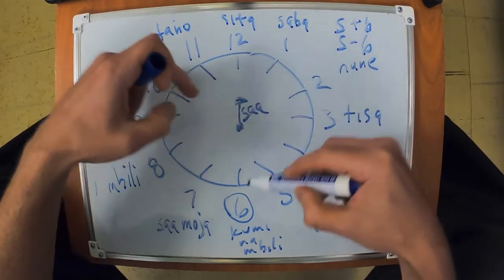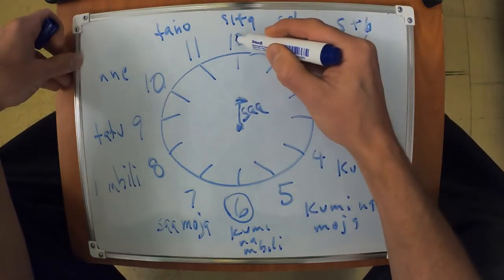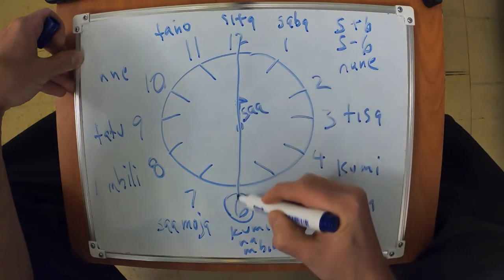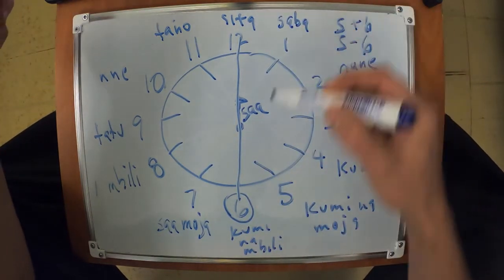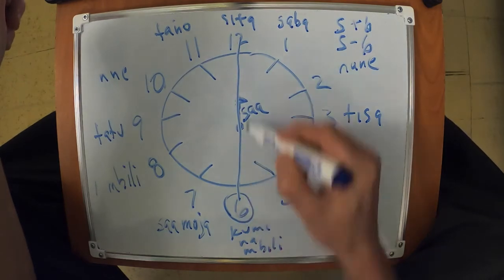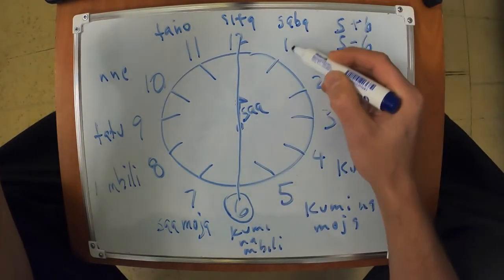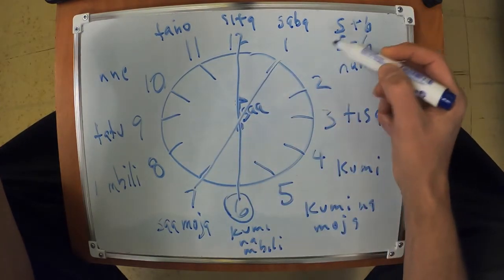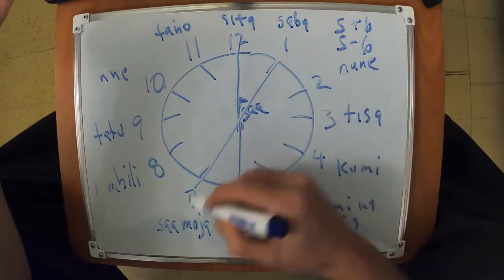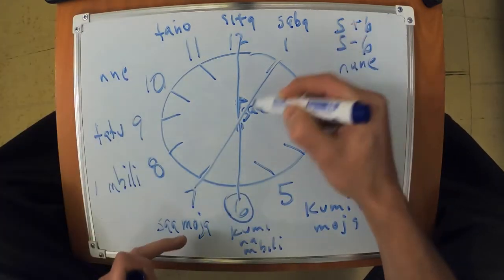So if it's pointing at the 12, you can just look across and it's 6, so it's sita. If it's pointed at the 6, you look across the way, it's kumi na mbili. If it's pointed at the 1, you look across the way, sa saba. Conversely, if it's pointed at the 7, it's sa moja, because across is 1. So this works for all of them.